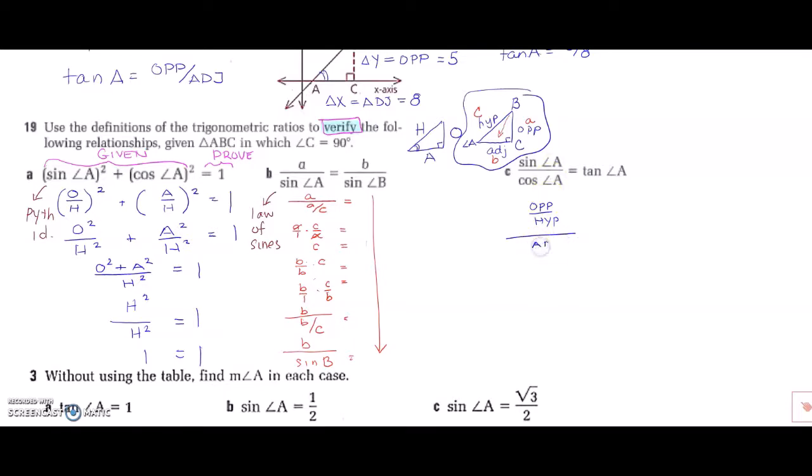Cosine is the adjacent over the hypotenuse. And then when we divide by a fraction, we multiply by the reciprocal. So those cancel. And we're left with the opposite over the adjacent, which is the tangent of angle A.